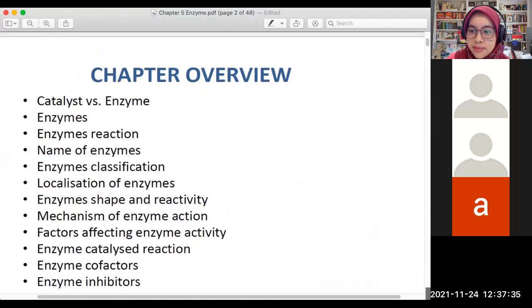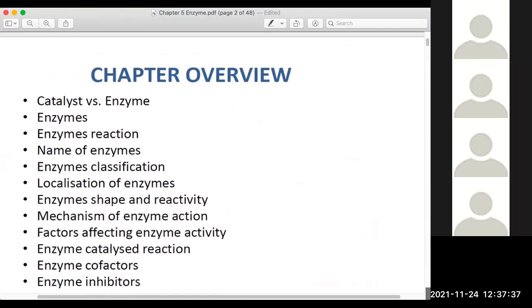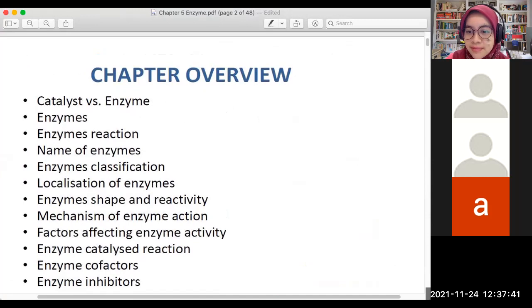Doctor, can I ask you a question? Yes, Miss Lim. How can we know whether we have sufficient enzyme in our body or not? That is something for us not to worry about. Usually the amount of enzyme would be sufficient. As long as you are healthy and feeling good, it means all the reactions in our body are at their optimum rate.